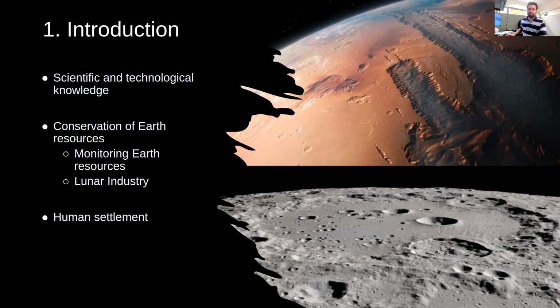Economic opportunities, scientific knowledge, and colonization are a few reasons for future space exploration missions. Returning human missions to the Moon is the first step for the other missions, including Mars. Before that, it's critical to understand and mitigate the potential damage caused by rocket plume interacting with lunar regolith.